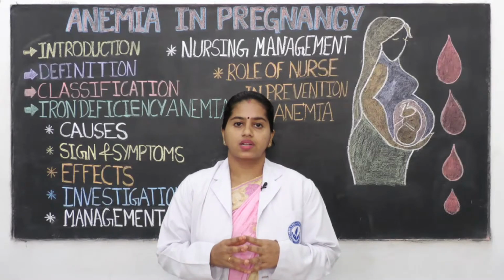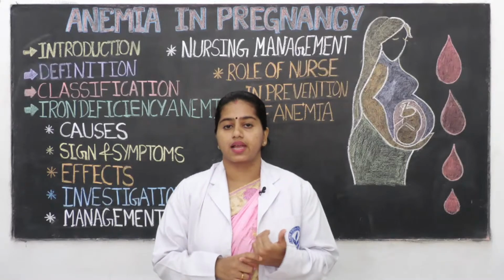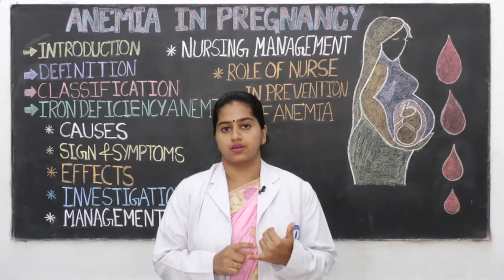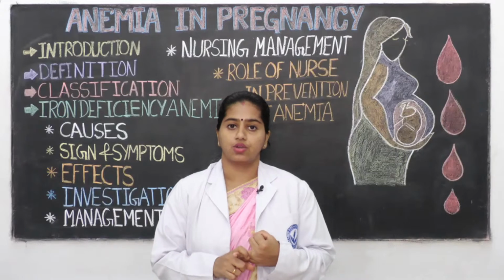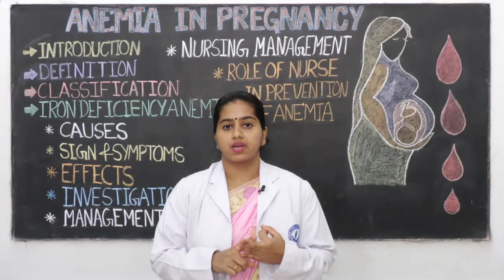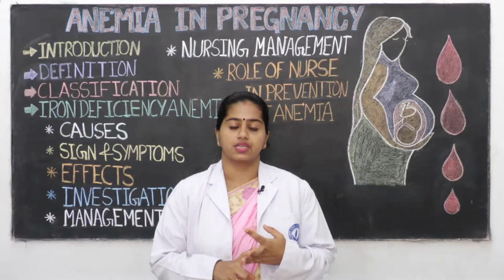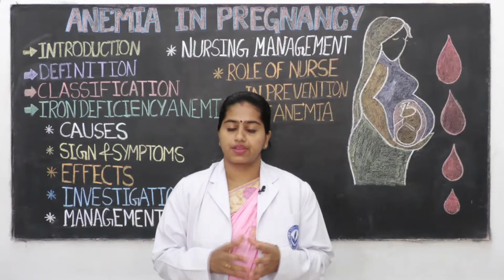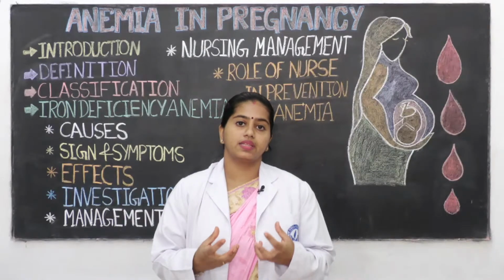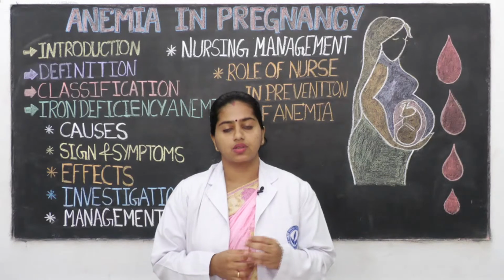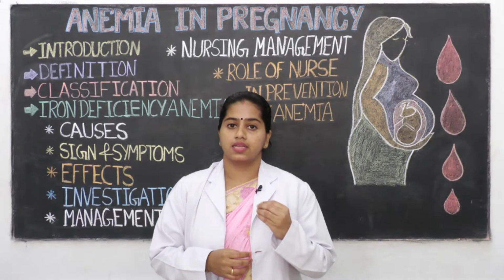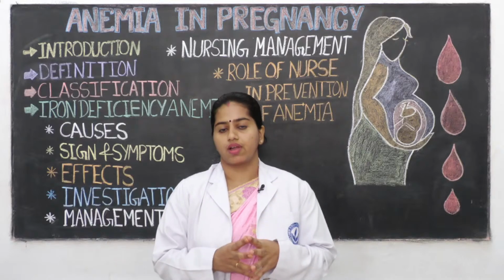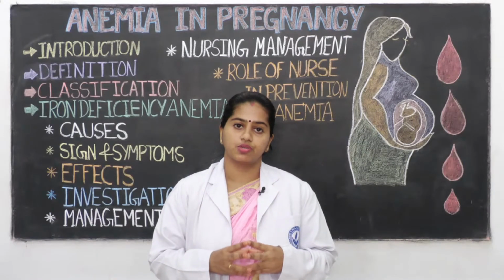If the woman has dysentery, hookworm infestation, severe malnutrition, or any infectious disease, the iron will not be properly absorbed from the intestine. An acidic environment in the intestine is essential for the absorption of iron.